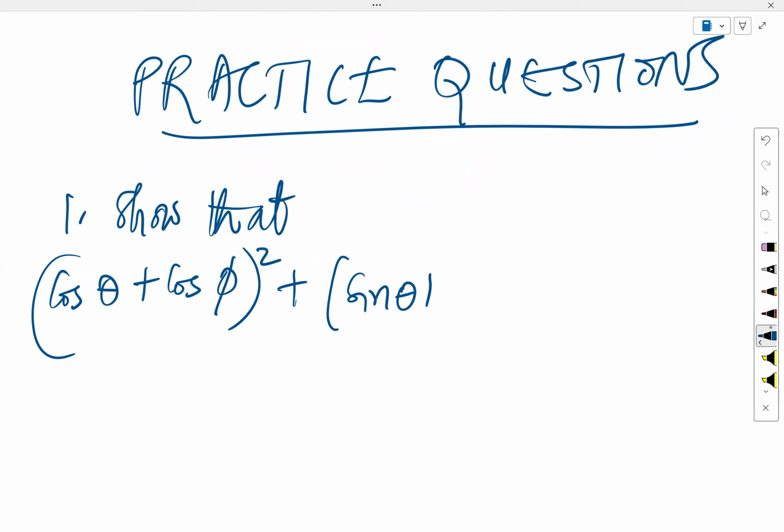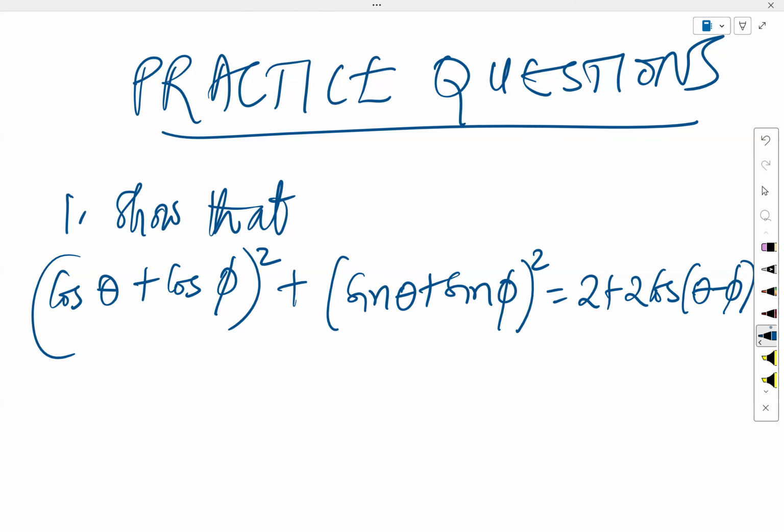So you're going to use addition and subtraction formula here, those things you have done. So naturally, the first thing you want to do is to expand all this and begin to put things together and tidy them up until you get this.